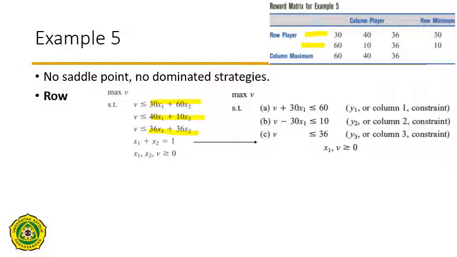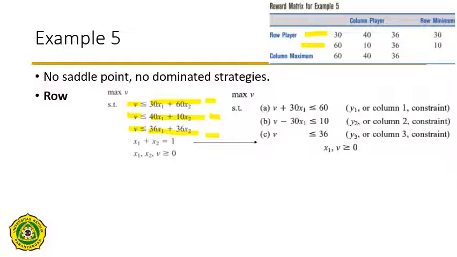And then after listing all these expected rewards with respect to each strategy of the column player, we pick the minimum among those three possible strategies because the column player wants to minimize the reward that is received by the row player.